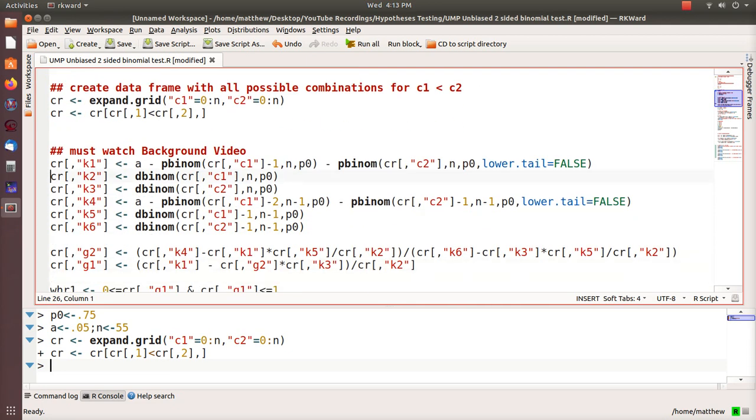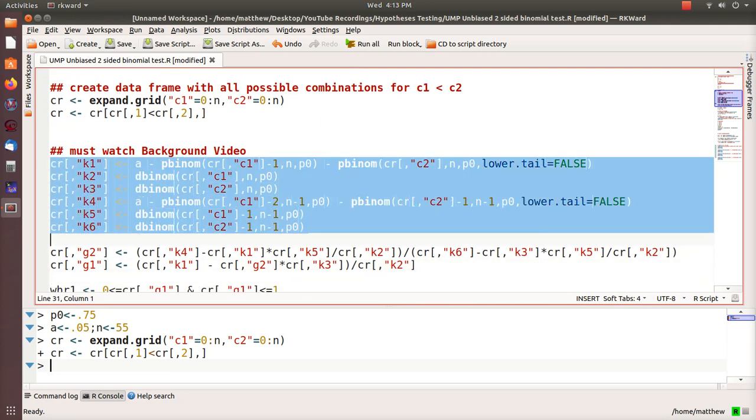Now, these constants here, K1 through K6, in this video are considered constants, and I don't use C1 through C6 because we're saving C for critical regions, so I just call them K. But we assume that we know the C1 and C2, the points that start the critical region.